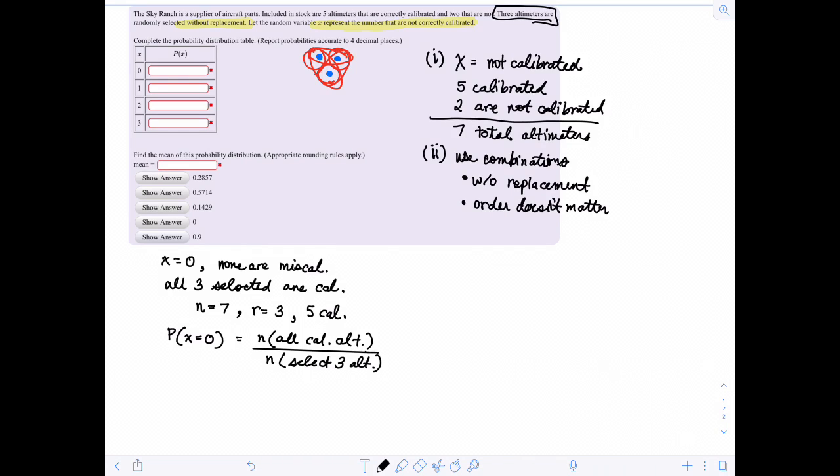But I want to find specifically where they're all calibrated. Out of all the altimeters that are calibrated, which are 5, I'm choosing 3 of them, out of the number of ways I could just select 3. So I have 7 total, and I select 3. Okay, so if I do that, I can go ahead and go to my calculator.